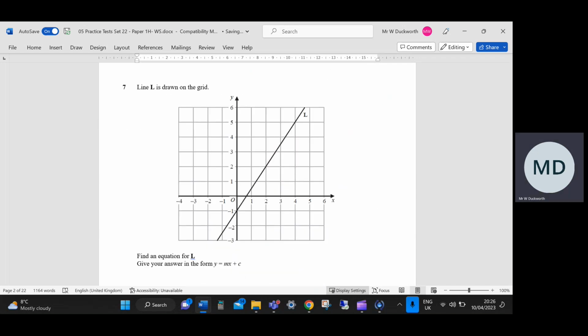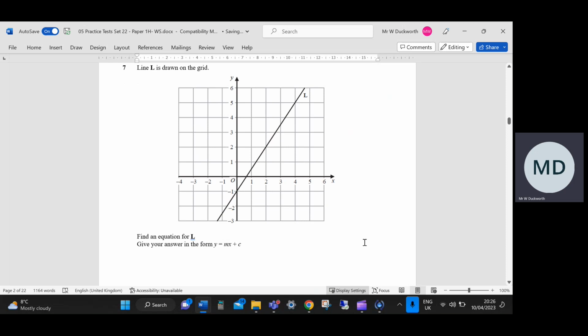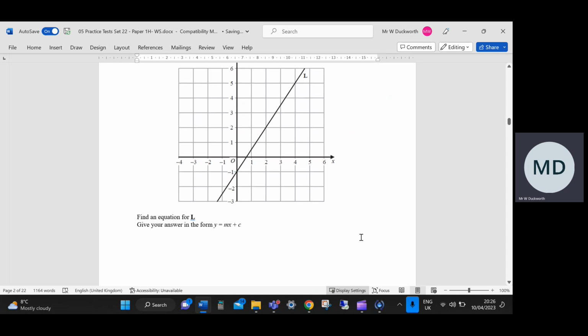So the line L is drawn on the grid, and we've got the line. Find an equation for L, giving your answer in the form y is equal to mx plus c. So I'm going to work out the gradient first of all. So m is the gradient, and let's just pick two nice points.